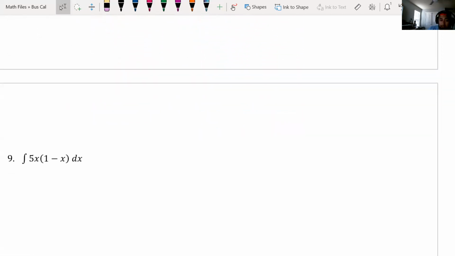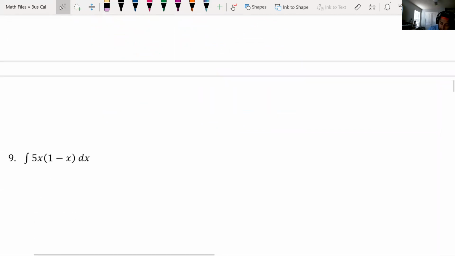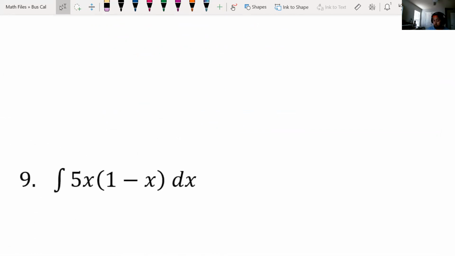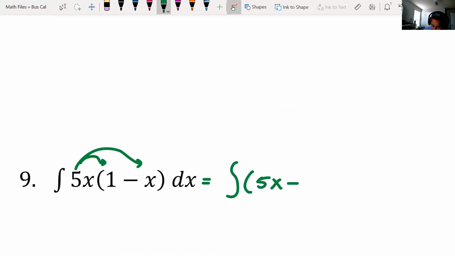Number 9. The integral of 5x times 1 minus x. Okay, so we're going to have to algebraically fix this before we find the antiderivative. So we're going to distribute the 5x first. So we're going to get the integral of 5x minus 5x squared dx.